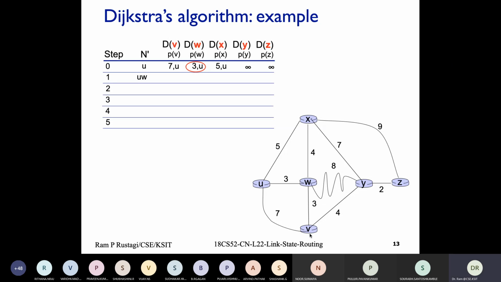If I were to go to V, DW is 3 and the cost from W to V is 3, so my cost would become 6. If I were to go to Y from W, it will become 11. Is there an edge from W to Z? No. That means I look at only the nodes X, Y, and V and update them.